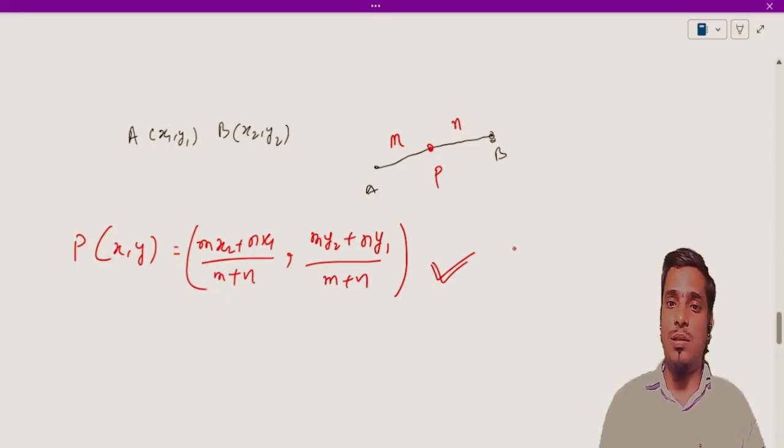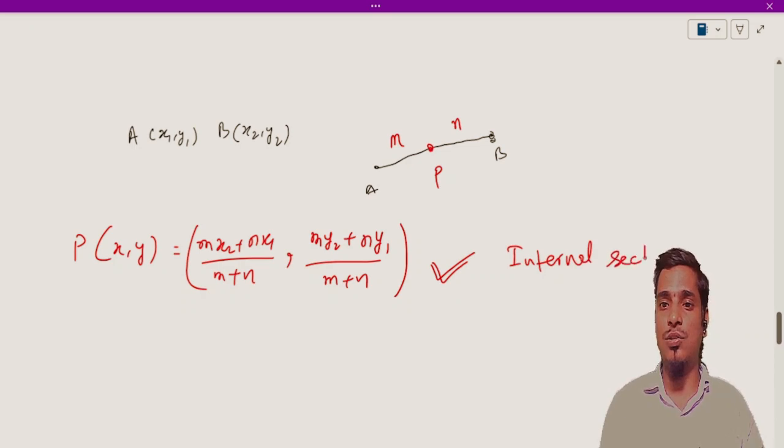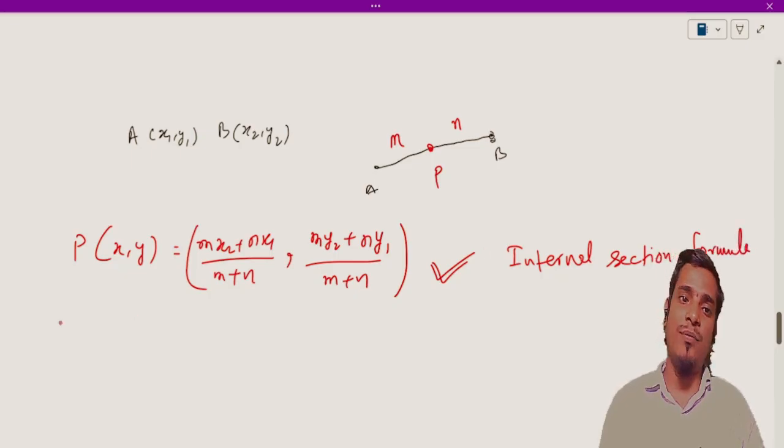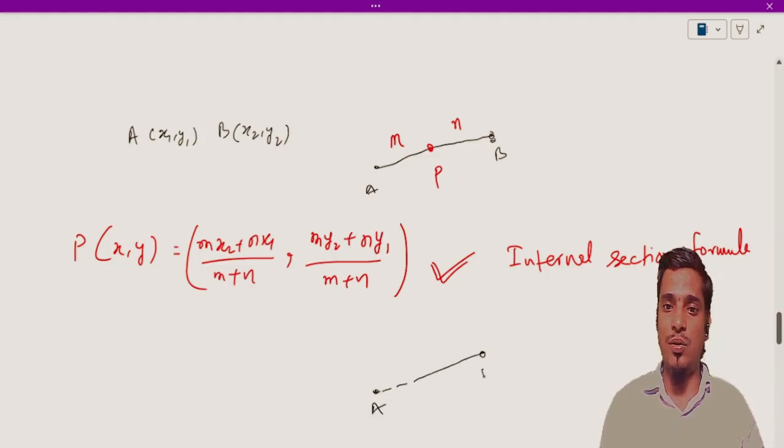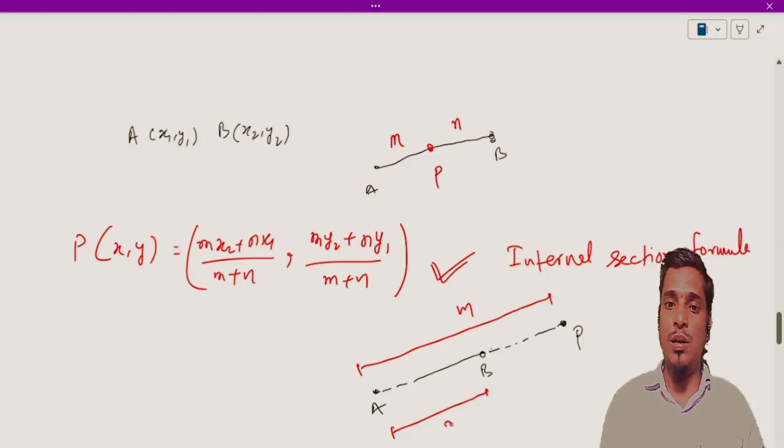Apart from this, if we have a point along the line segment AB in the extended part of AB, somewhere we get a point, let me just call it Q, that divides this line segment in the ratio m:n externally.